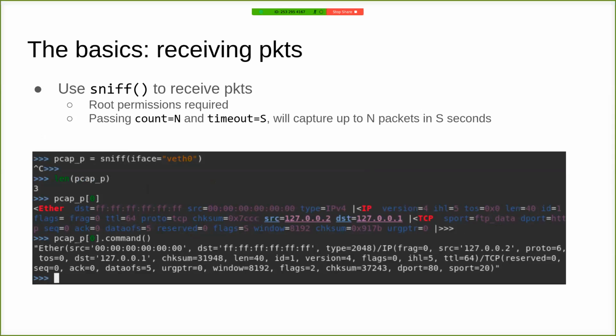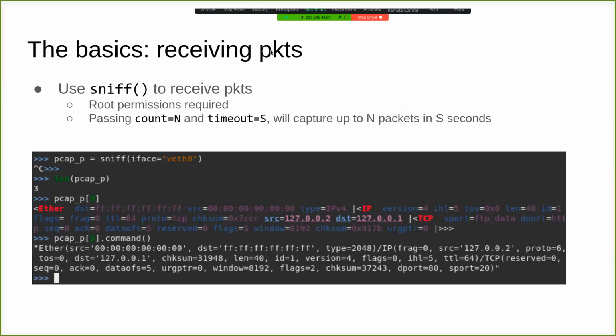Some of them are count, which defines the number of packets you want to capture, or timeout, the number of seconds you want to capture for, and it will then provide you the packet dump from the network.